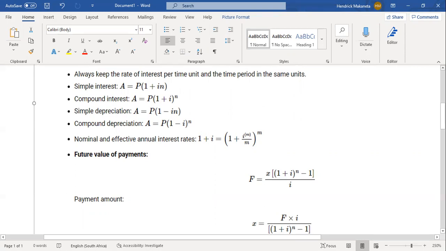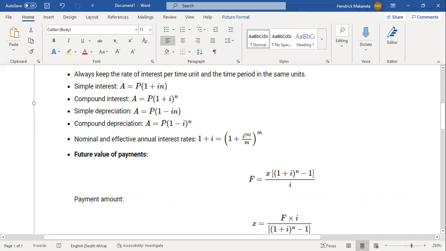So at times you can be asked to calculate the compound depreciation for a vehicle. You must know that the formula that we use is that of the reducing balance depreciation. So both of them talk about the reduction of value. That is why we see the negative sign. So if you check the difference really between the four formulae there, the first one and the second consist of a plus sign.